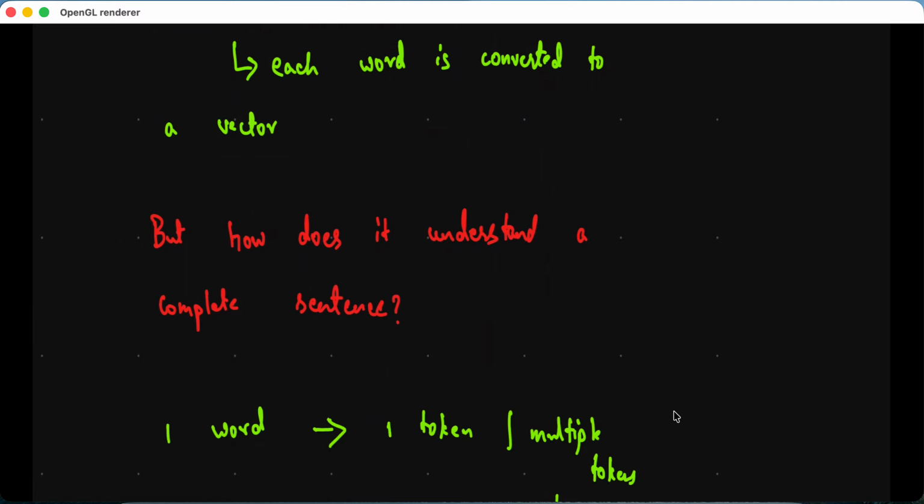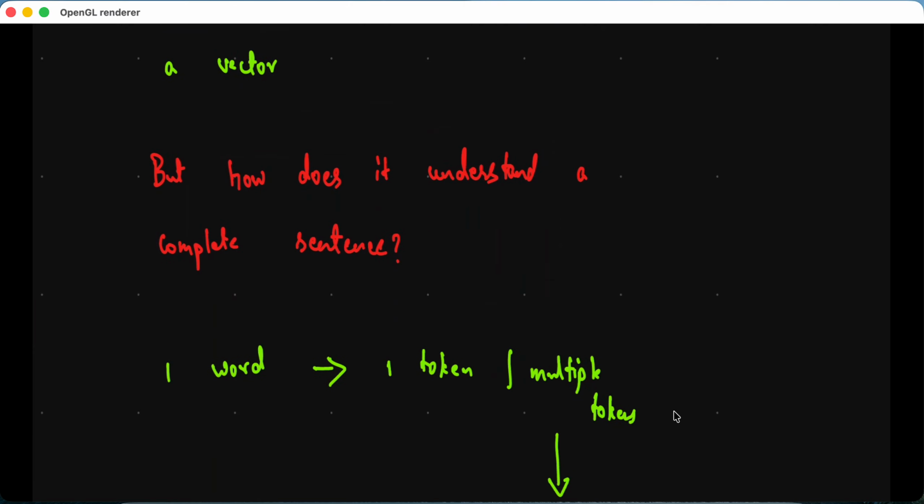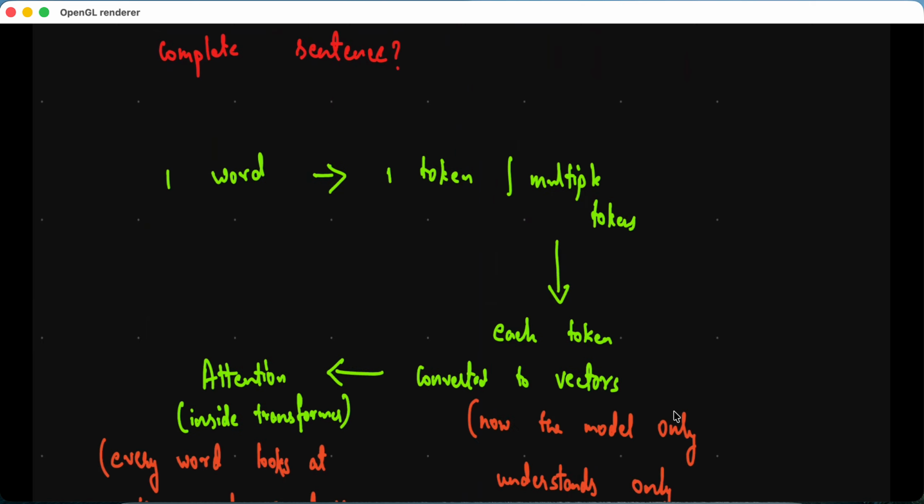And also, if you give it a sentence, how does it understand the meaning of the sentence? Before transformers came into the picture, we only understood the words' meaning, and words were treated independently. We did not understand the context.